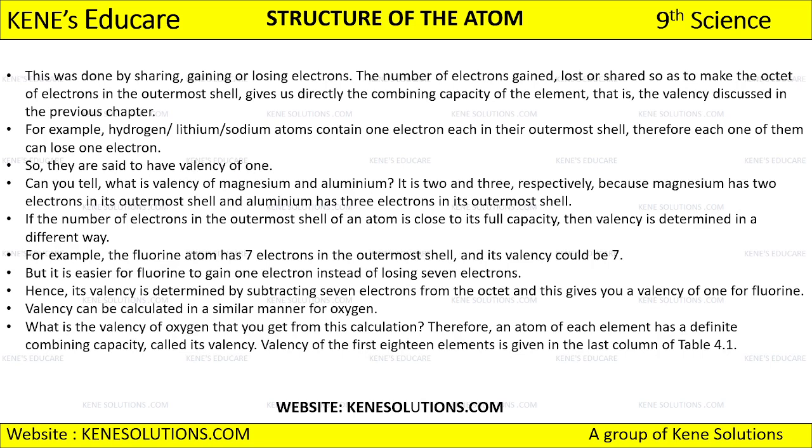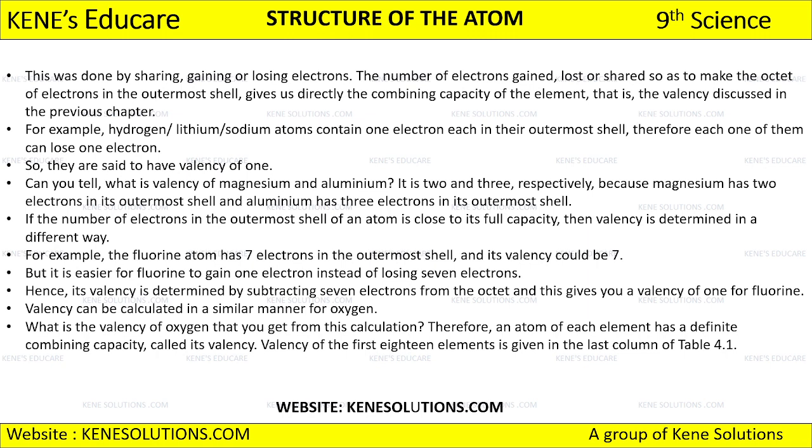So this is how we write the valency. If the number of electrons in the outermost shell of an atom is close to its full capacity, then the valency is determined in a different way.